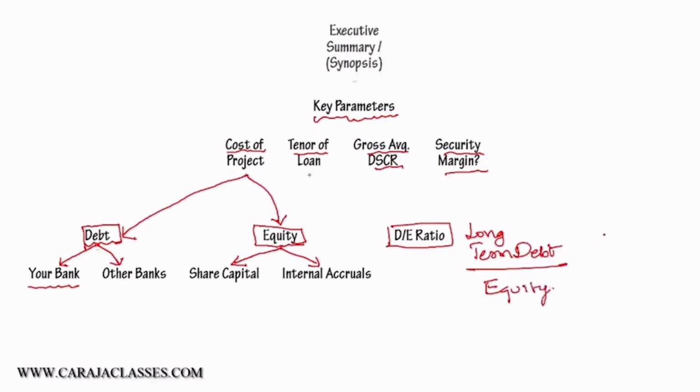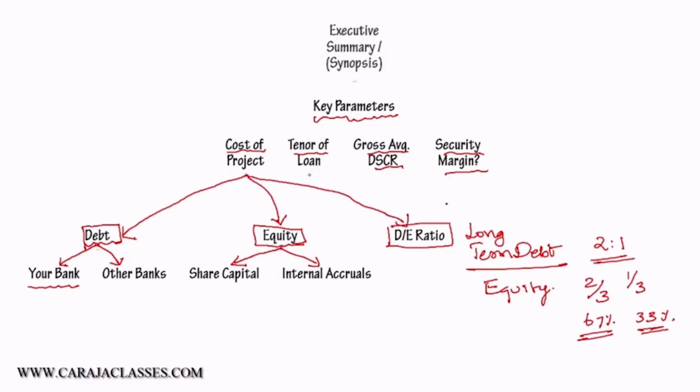Generally banks will keep a level like 2:1, that is, it should not go beyond 2:1. So 2:1 means 2/3 can be debt and 1/3 can be equity. That is, to summarize, 67% can be debt and 33% contribution should be in the form of equity. So that also gets captured at the executive summary level itself.